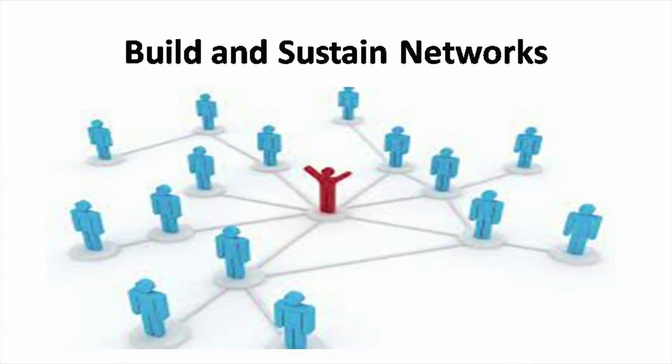Next comes building and sustaining networks. Building and sustaining networks means maintaining communication channels, sharing resources, collaborating on the activities of all the parts, and building and maintaining the network of individuals and entities for community health improvement or research.